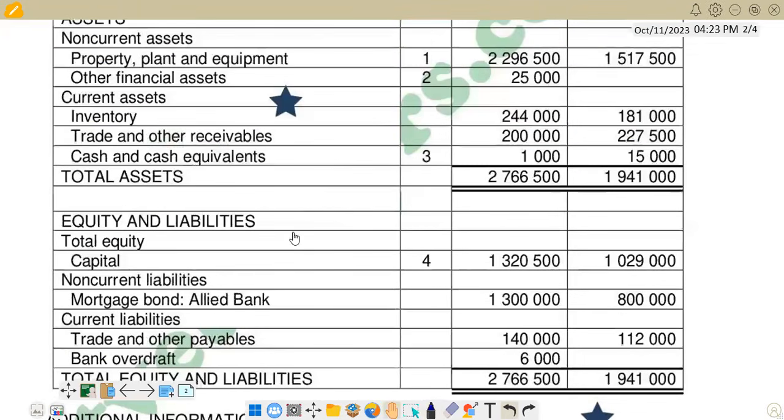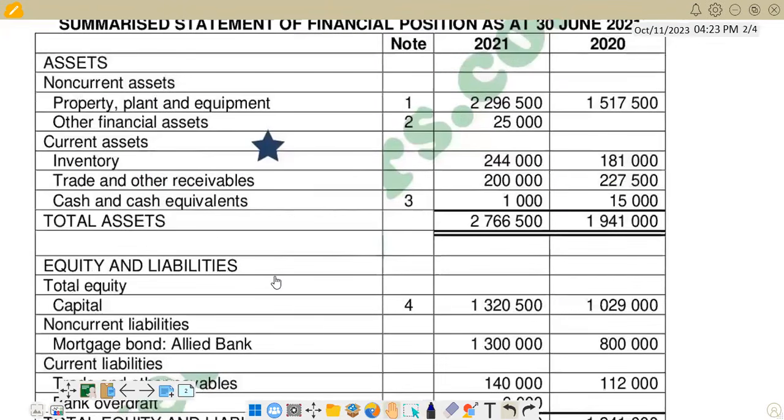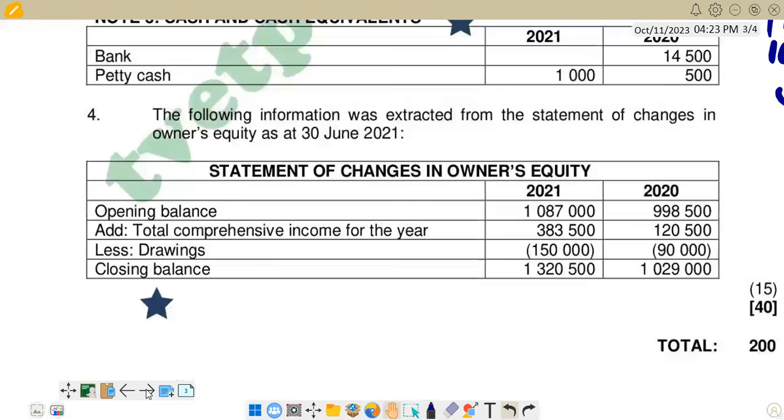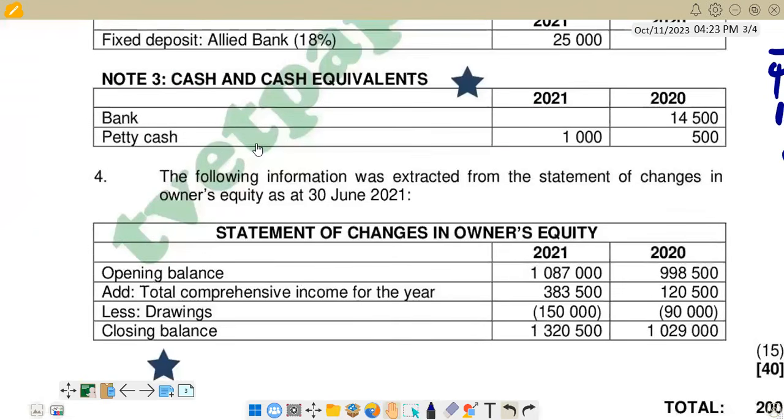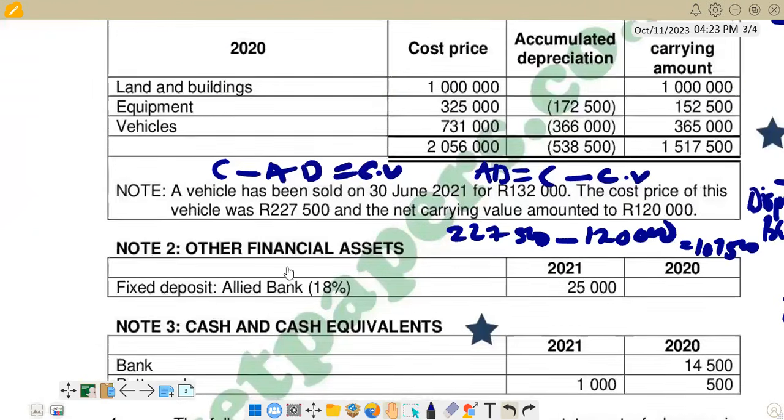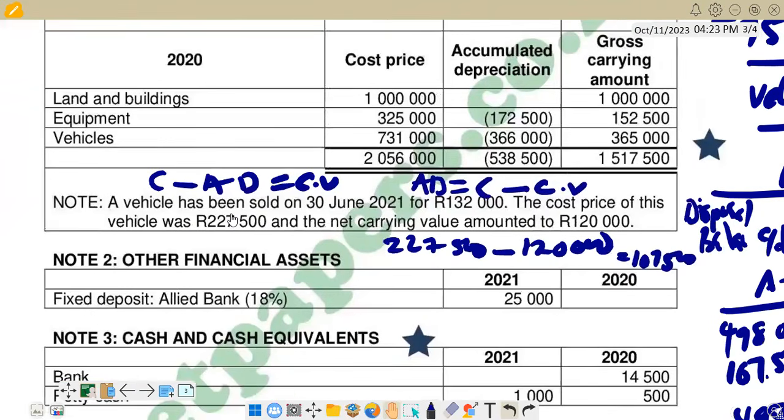If you go to the list of balance, we have got a section for land and buildings. They're just telling us property, plant, and equipment. So we go to the next page, to the notes. Right here, we have got land and buildings. We are told that for 2020.